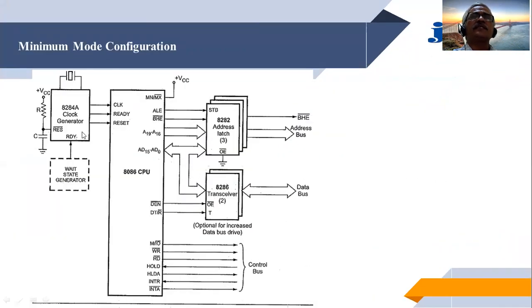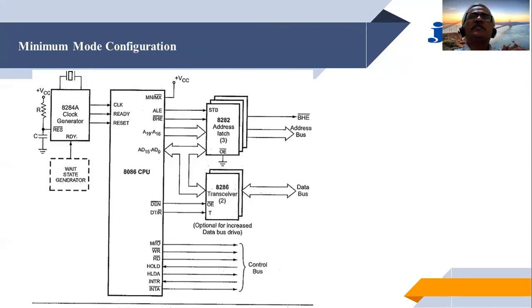Then let us come back and see what the configuration for the minimum mode system is. We said the minimum mode operation is something where this processor is backward compatible with its predecessors. The predecessor is, let's say, the 8085 system, which operates only in the single processor environment, having minimum signals and the minimum configuration.